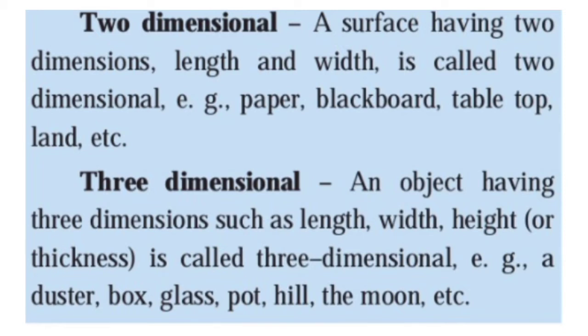Thickness in brackets is considered here as a distance within objects, and this is only called three-dimensional. For example, a duster, box, glass, pot, hill, the moon, etc. So students, you must have observed that two-dimensional examples are totally similar to maps, whereas three-dimensional examples are similar to a globe.